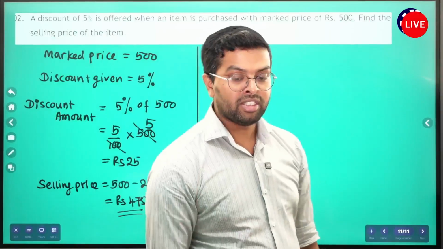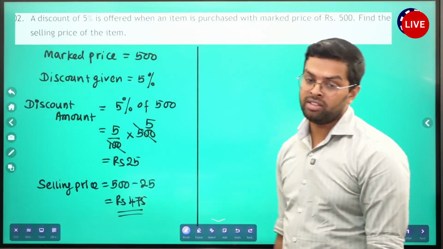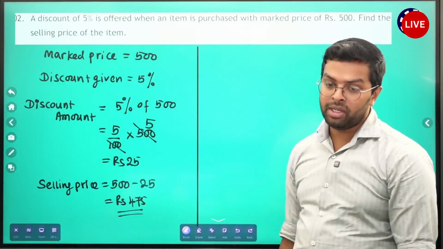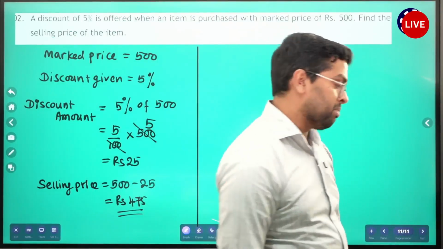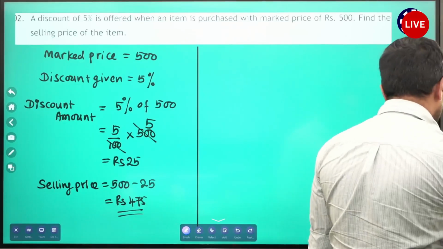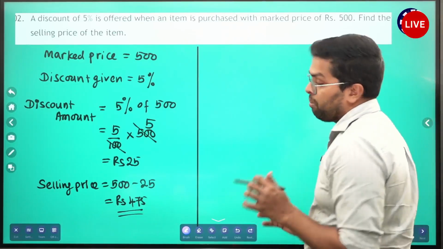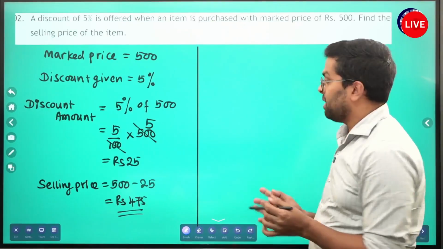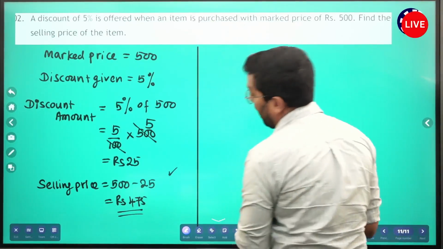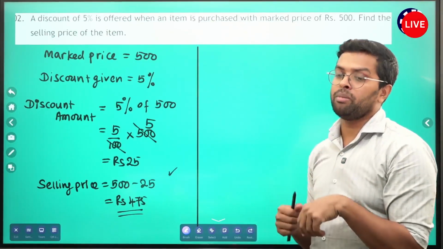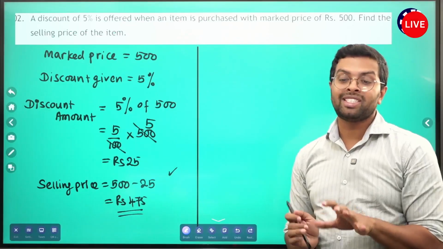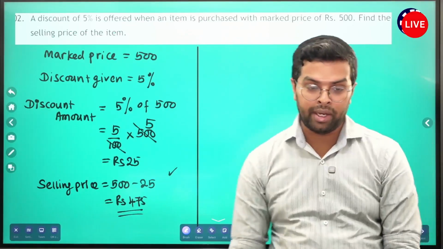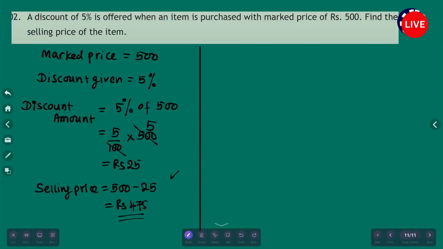Right, this is one method to get the answer. Now what's the other method? That is also something very important. Either method is correct, but this method is a bit time consuming. The method I am going to tell you now will be less time consuming. Shall we focus on that method as well?